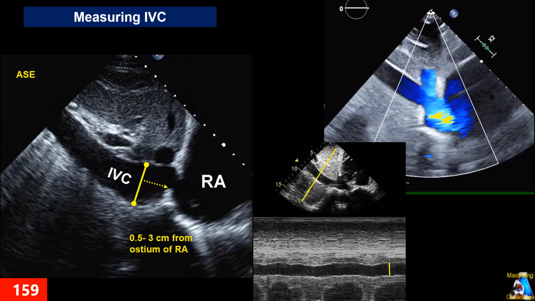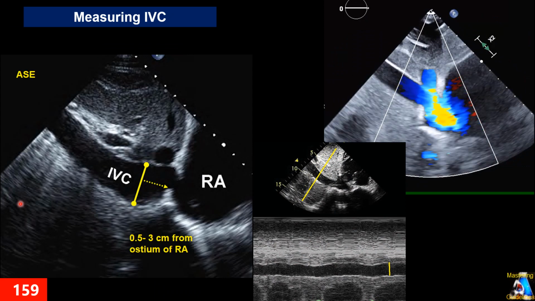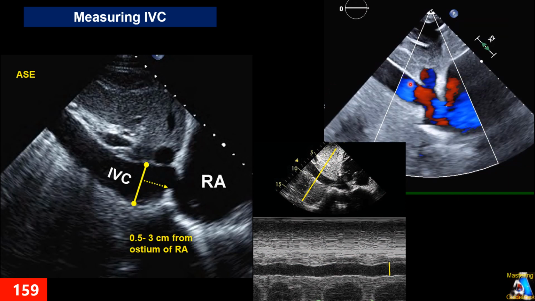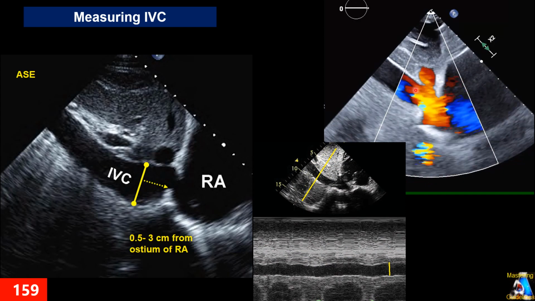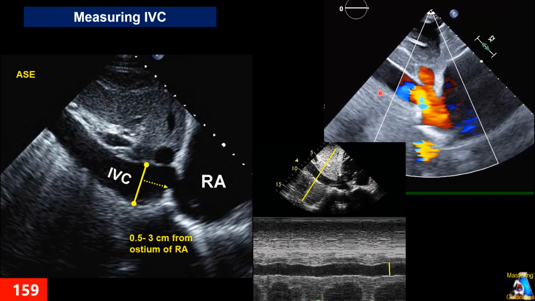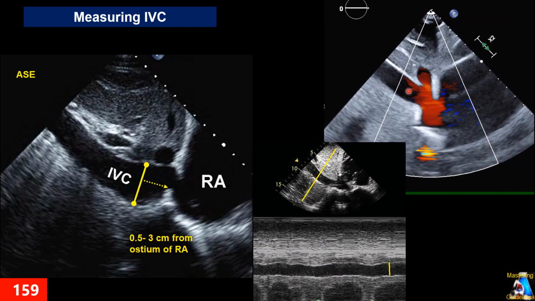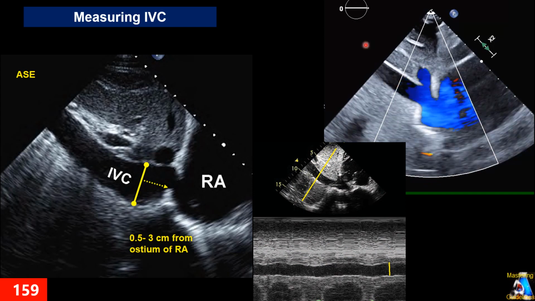For measuring IVC diameter, first we have to make sure we have a good image. A good image has the IVC open all the way, at its largest diameter. How can we make sure of that? If it's not open all the way, just twist a little clockwise or counterclockwise, whatever helps you, and open it.